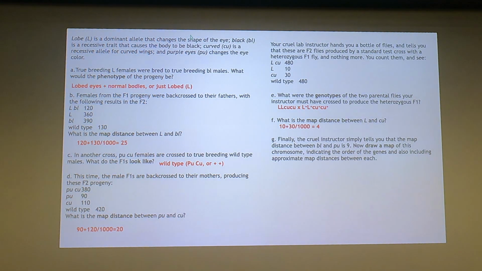So you got these 4 short segments, and I'm asking you to assemble those into a complete map. How would you do this? So L and BL, so L would be on the left, BL would be way to the right. Okay, get that one. And then CU would be next.